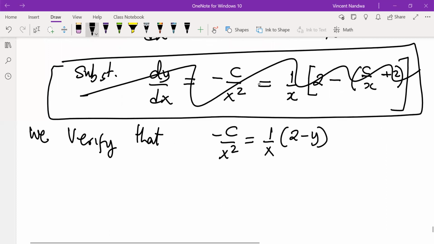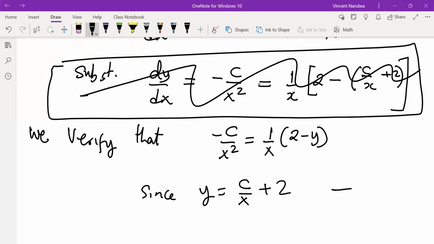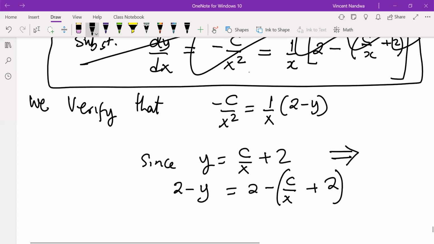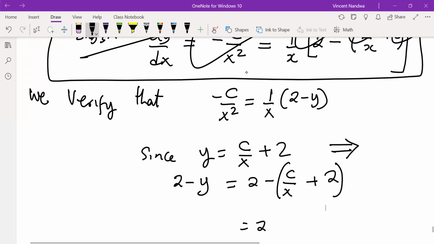So since y is given by c over x plus 2, then it implies that 2 minus y is equal to 2 minus (c over x plus 2), which is the same as 2 minus c over x minus 2, which is minus c over x.